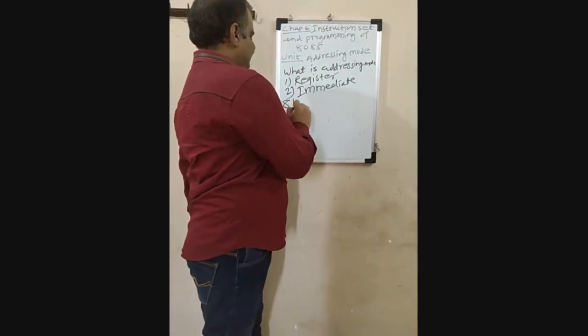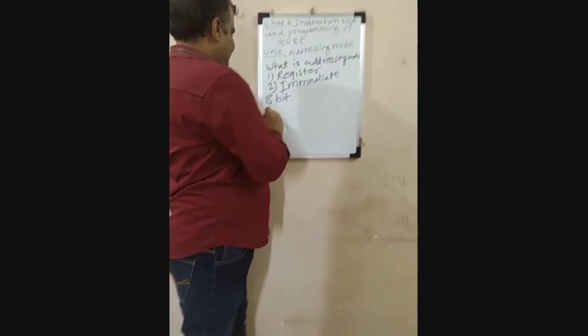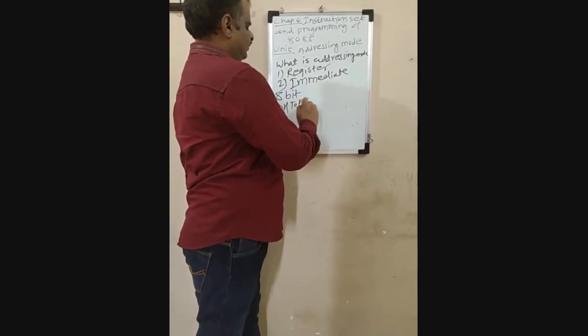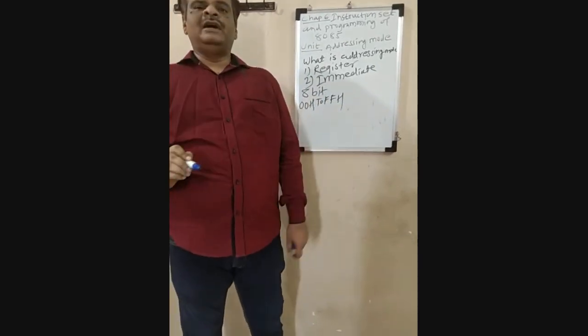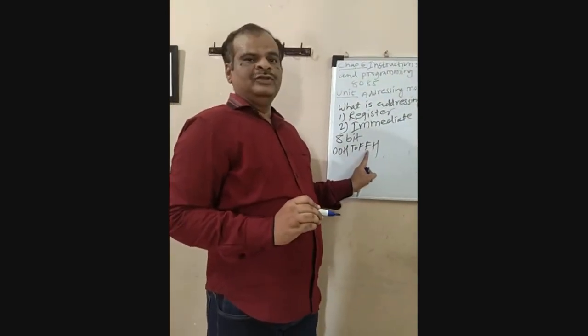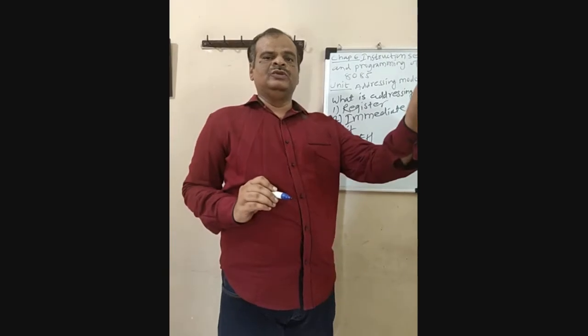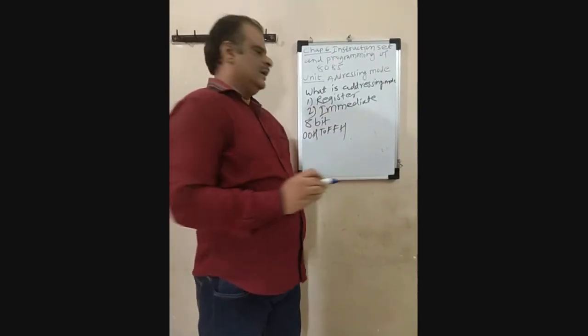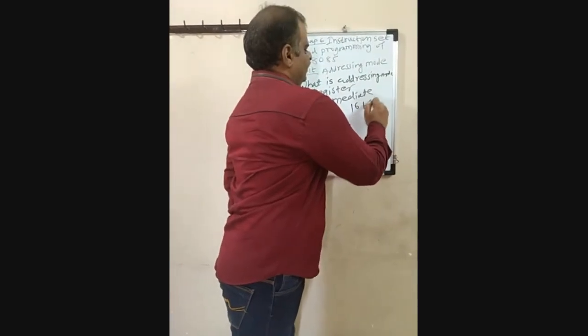What is 8-bit immediate data? In the hexadecimal number system, 00H to FFH, that means 2 hexadecimal digits: 00, 01, 02, 03 up to FFH, is called 8-bit immediate data. And what is 16-bit immediate data?